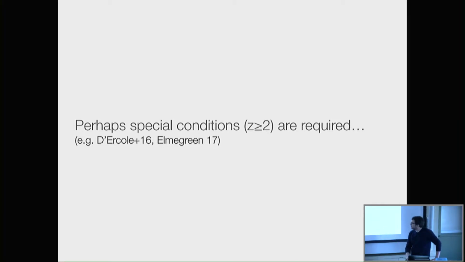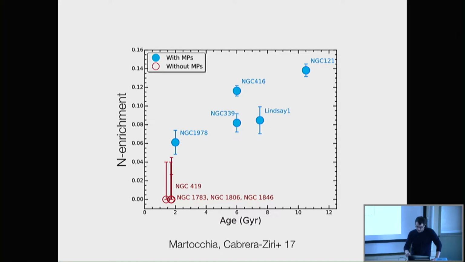So I'm going to plug shamelessly the results of our latest survey. This is an HST survey of clusters in the LMC and SMC, where we see that the chemical variations are happening since 10 gigayears all the way down to 2 gigayears, okay? So there's nothing special from the early universe.